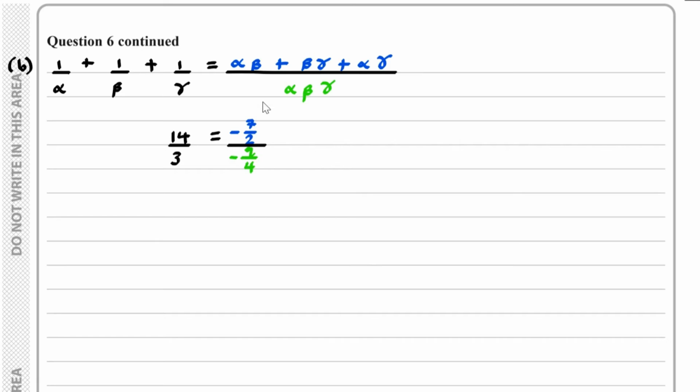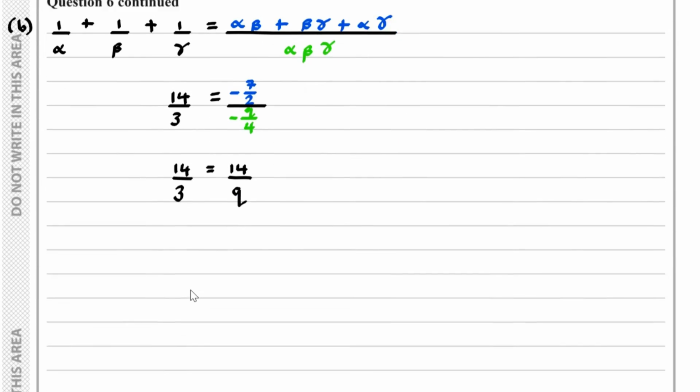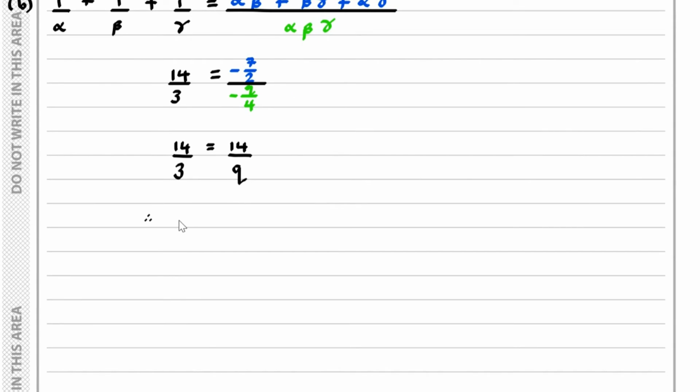So what we need to do now is find out what q is. So on the right hand side we have 14 over q, and that's equal to 14 over 3. And what we can conclude from here then is q is equal to 3.